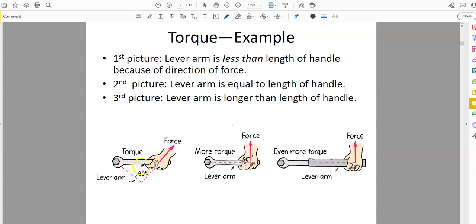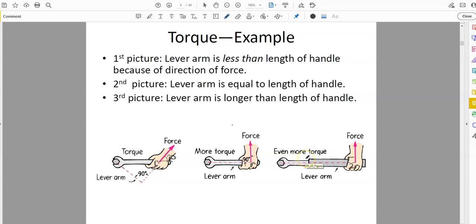Not only that, let's say this force is at a 30-degree angle. And let's say this force right here, it's indicated that that's 90 degrees. And over here, it's also going to be 90 degrees. Okay?